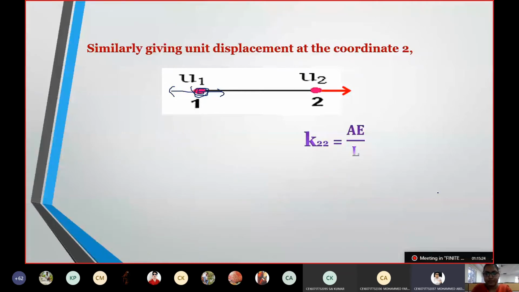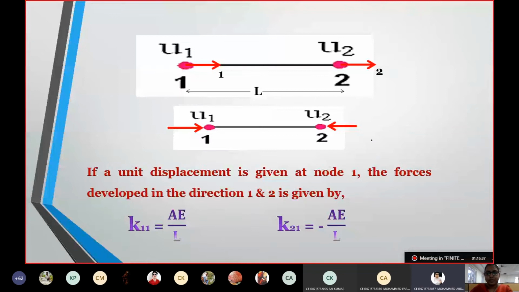Yes. From the previous, K11 is equal to A by L and K21 is equal to minus A by L. I'm on the slide already. Can you see? Yes, Rahim.